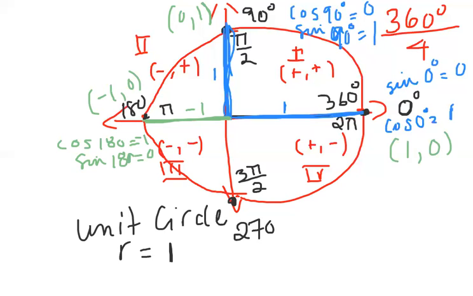And then, of course, you go down here to the 3 pi over 2. And so at 3 pi over 2, we're on the negative side of the y-axis. So this means that the sine value is going to be a -1. So cosine, though, of 270 will be 0, while the sine will be -1. So the coordinate point down here will be 0, -1.